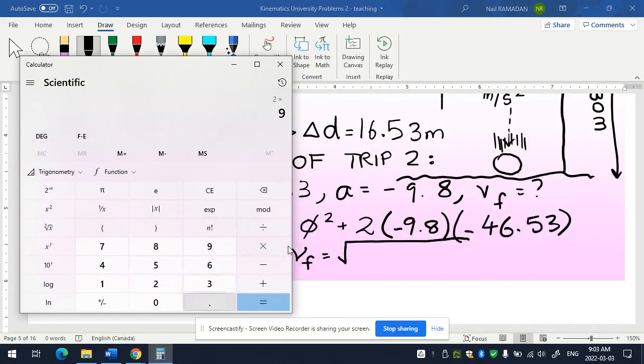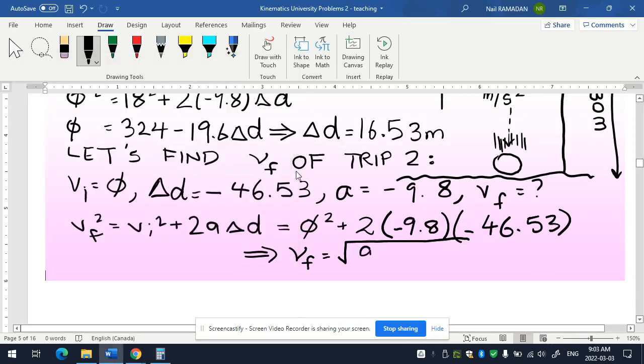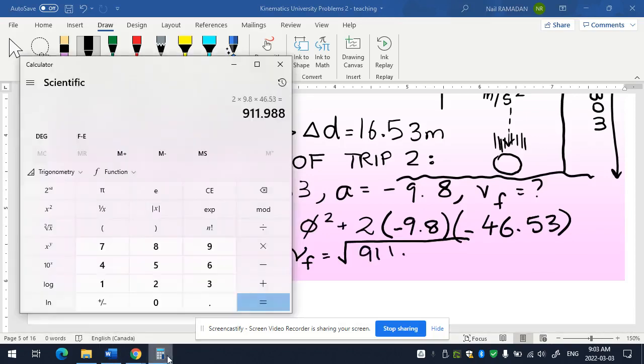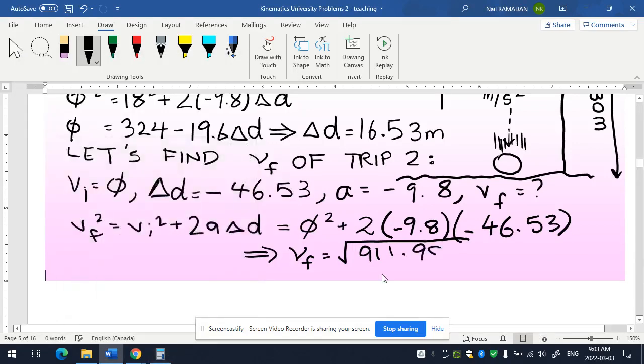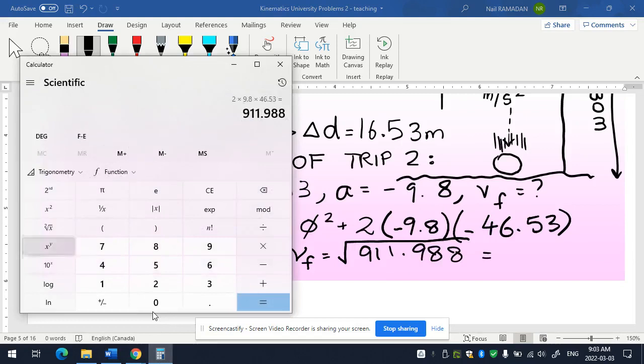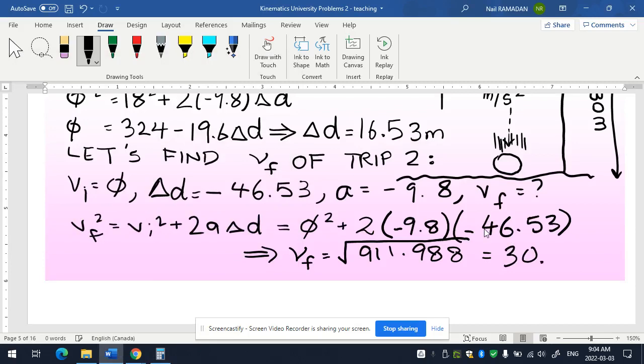So 2 times 9.8 times 46.53 equals 911.988, or 998.988. All right. What's the square root? 30 point 2. Meters per second squared or just meters per second?